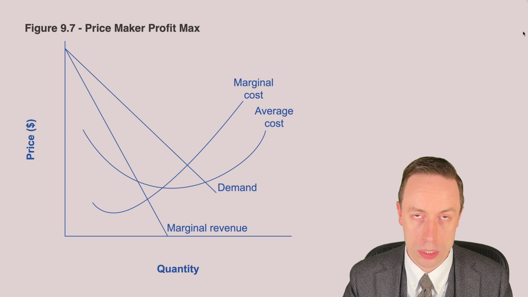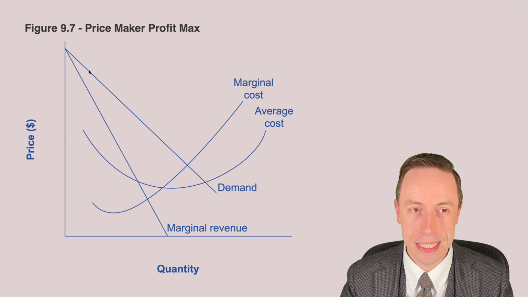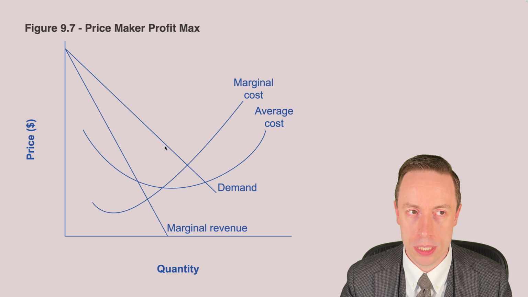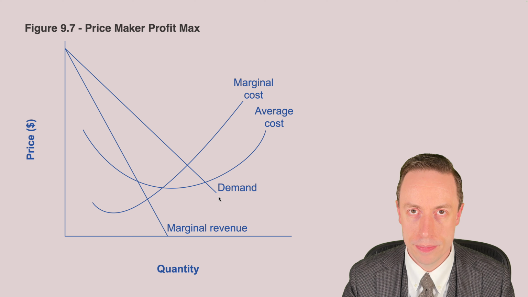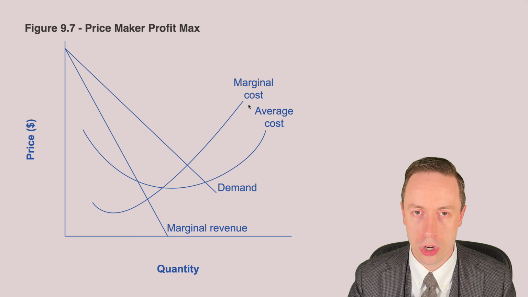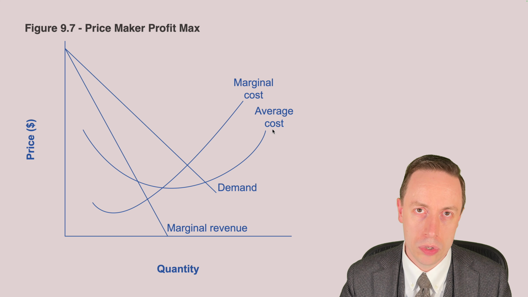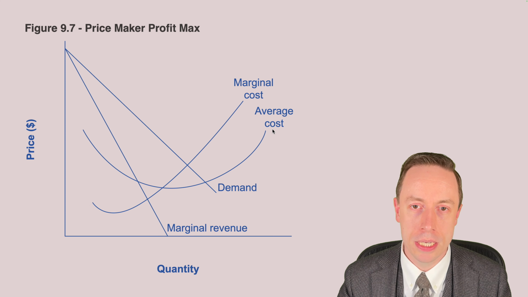So again, notice, you're not looking at a perfectly competitive company because the individual demand curve of the monopolist is the same as the market demand curve, is downward sloping, which means marginal revenue is going to be sitting entirely below that demand curve. And then we've got marginal cost to figure out the profit maximizing quantity. We've got average total cost to figure out how much profit this company is making.